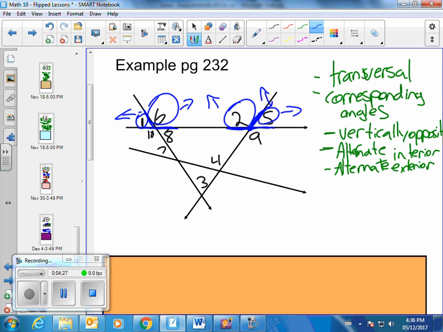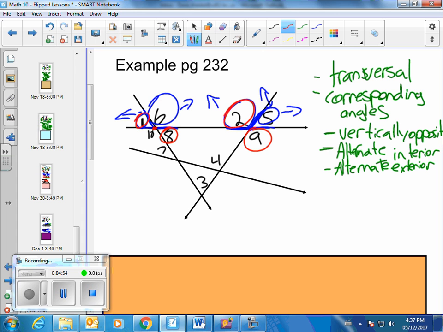So our vertically opposite angles here are going to be 2 and 9, or 1 and 8. Those are both examples of vertically opposite angles. They're on opposite sides of the line, they're sharing a vertex, and they're in similar positions.